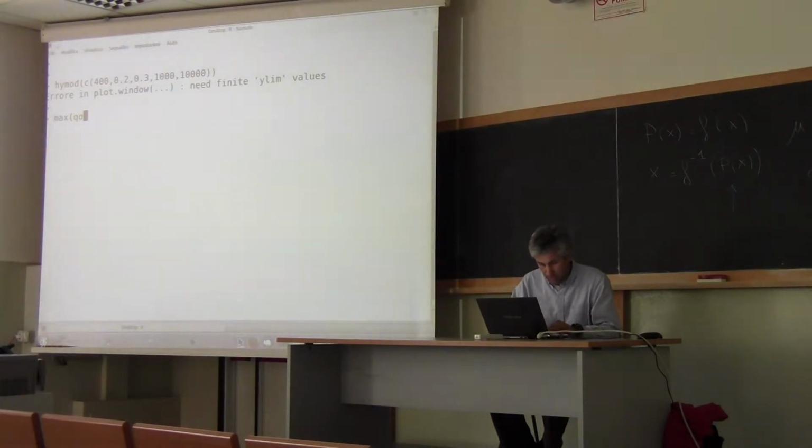Let me see, maximum of QoS is 41. Let me see. Because also I don't remember if K is expressed in time or 1 over time. Let me see. Okay, it seems that it's expressed in 1 over time.